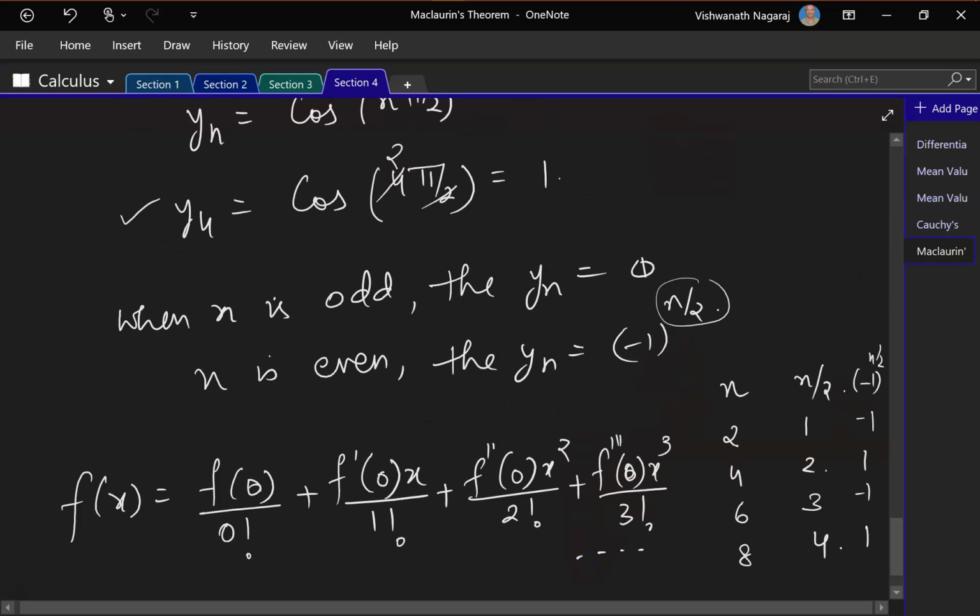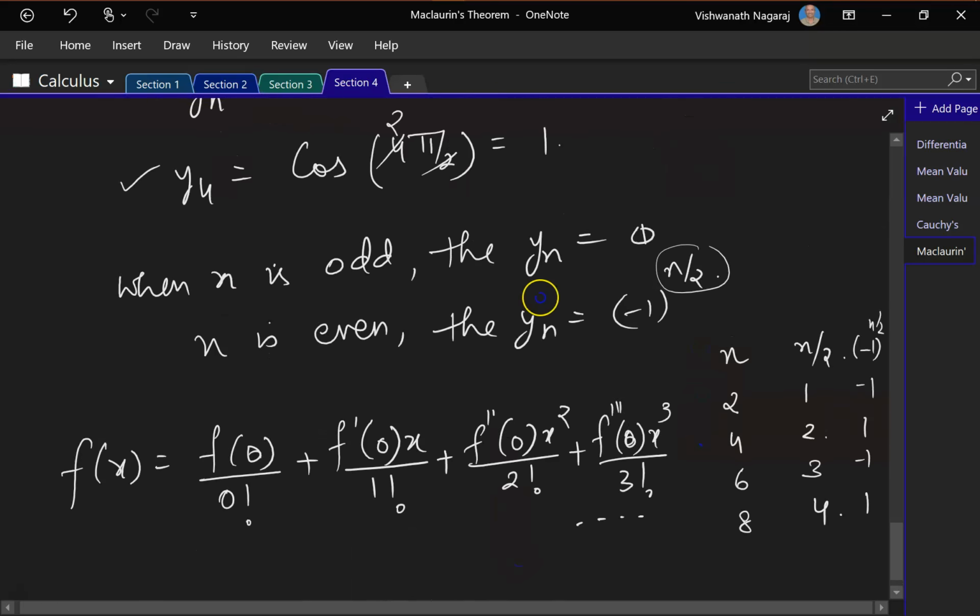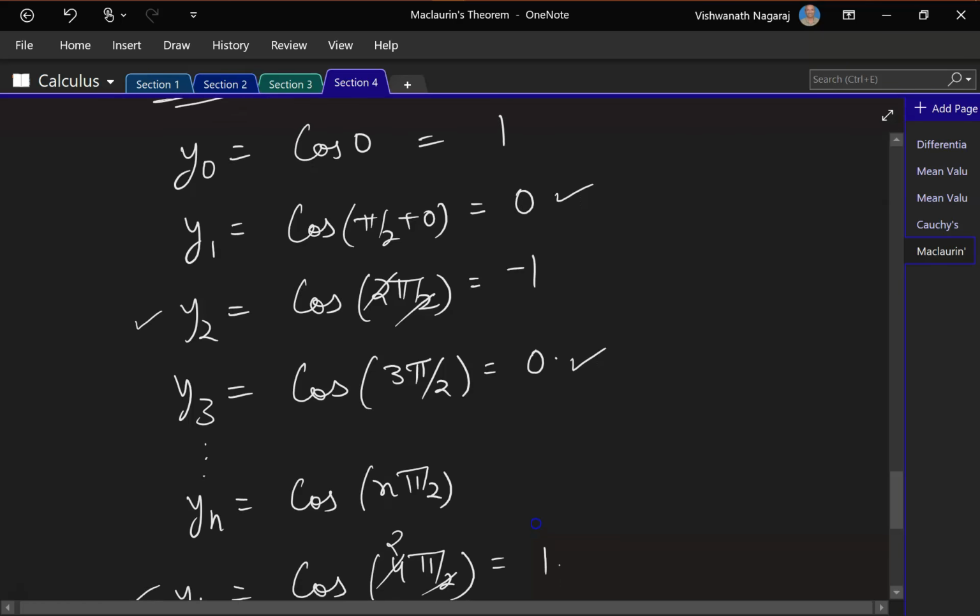So let's do the substitutions. Yes, f of 0 is what? f of 0 is 1.